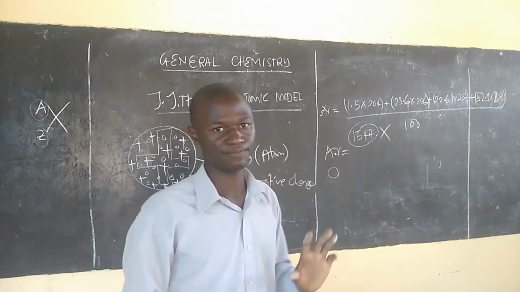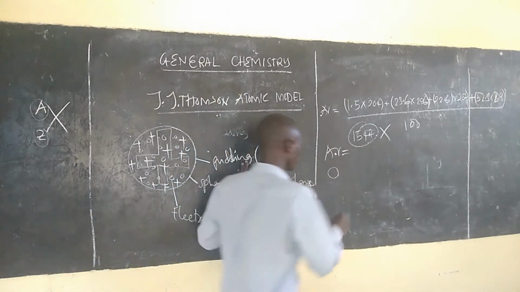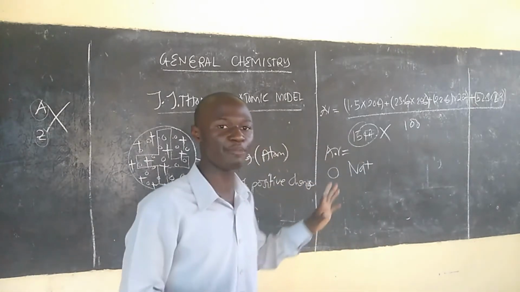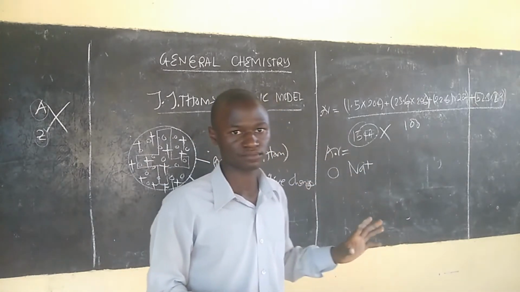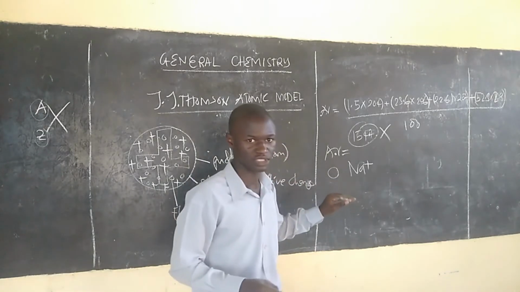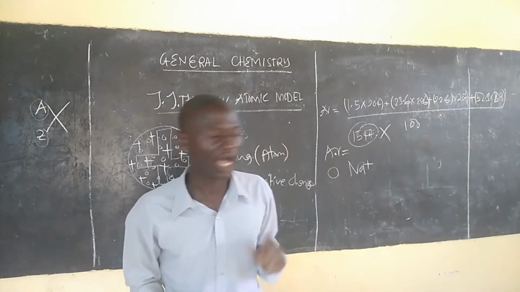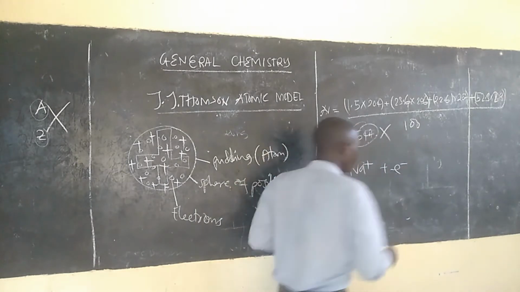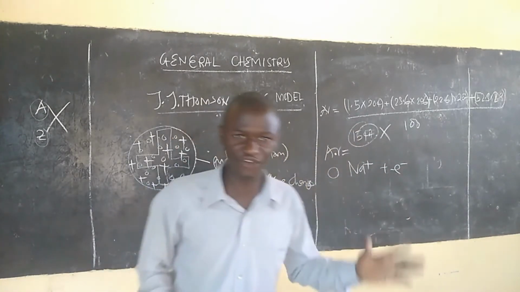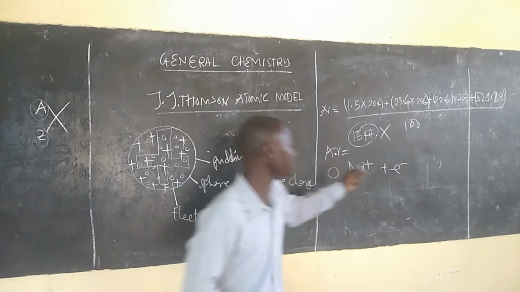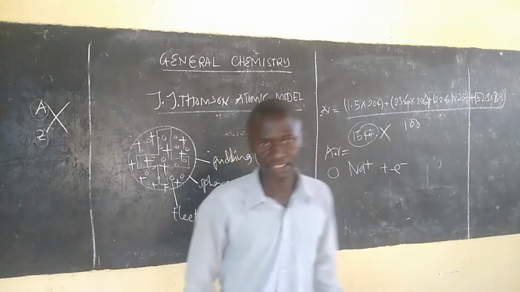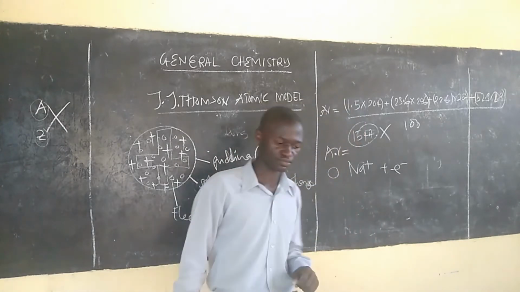Tukiwa tuna atom kama sodium, tukaiondoa electron, tunaligadi positive kama sphere, kama hole, mtobo ambao ile electron itarudi kama haitapata energy fulani. Unaelewa?